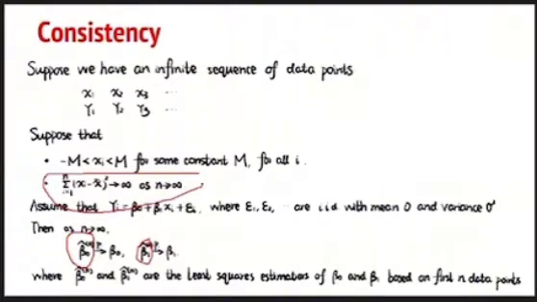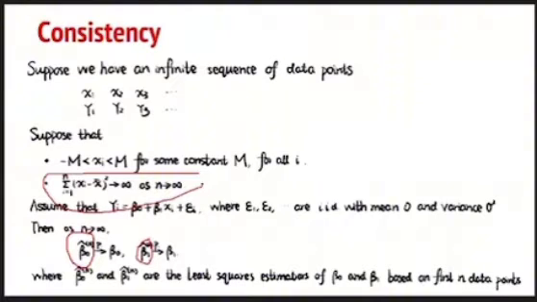Now, let us see. What I want to show is that the least squares estimators, beta naught cap and beta 1 cap, actually converge to their true values. The P here denotes convergence in probability.